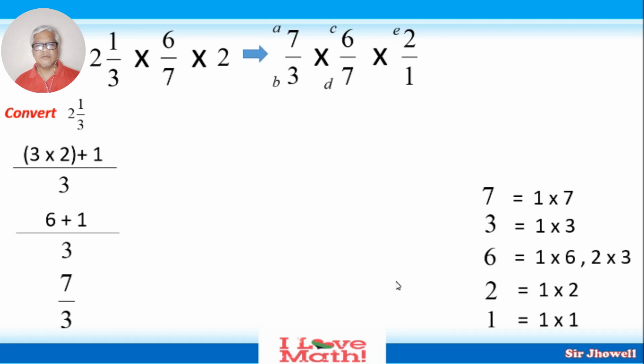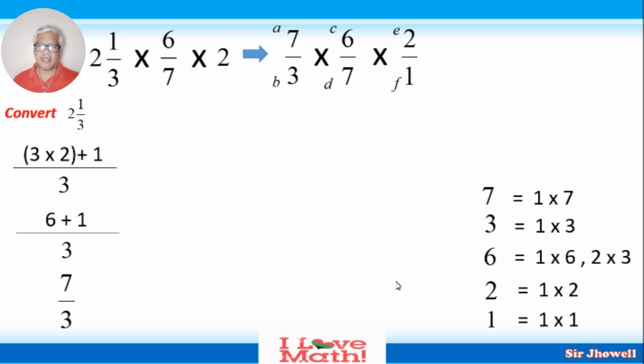E? 2. At ang ating last, ang F? 1. So, yan ngayon ang ating given letters. A, B, C, D, E, and F. Now, one at a time, tingnan natin. Dapat numerator over denominator in using cancellation method.